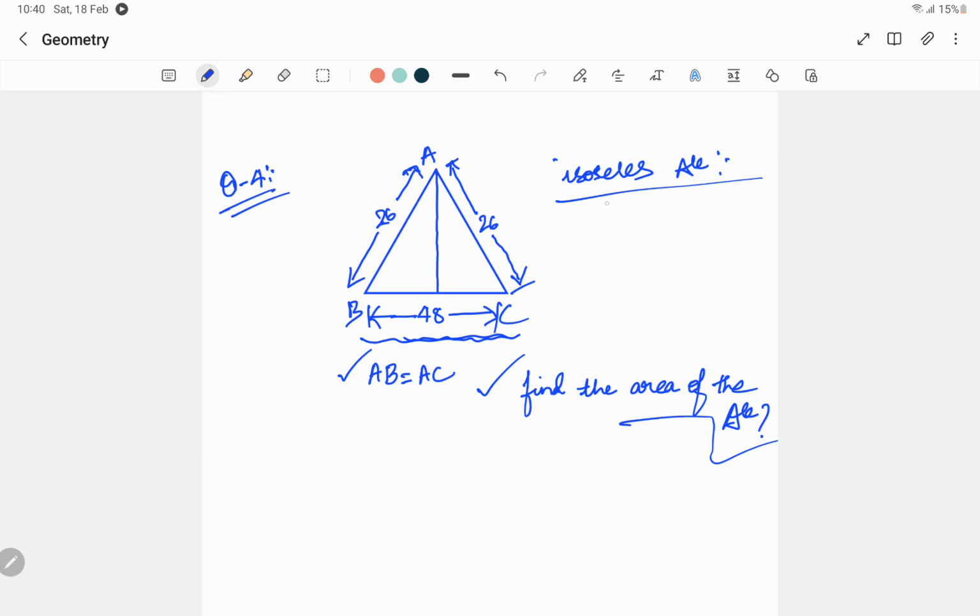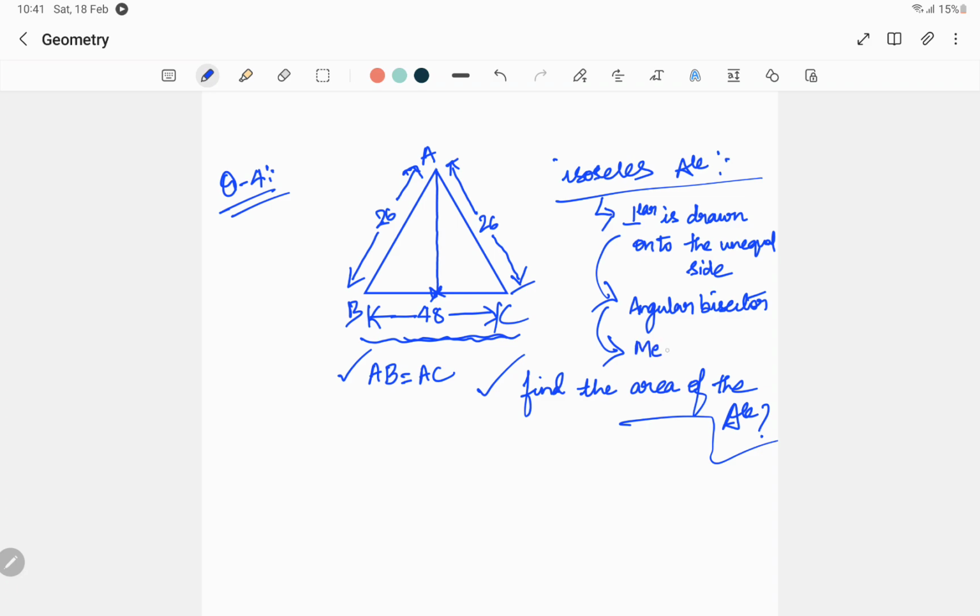So I will draw a perpendicular onto the unequal side. One of the most important properties of an isosceles triangle is that when a perpendicular is drawn onto the unequal side, this perpendicular will also be the angular bisector, and the point where it meets the unequal side will be exactly at the midpoint, so this perpendicular is also the median.